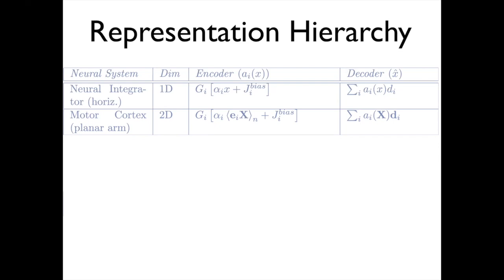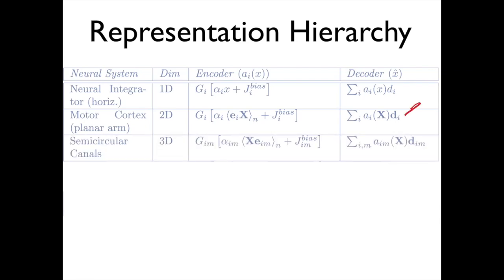They're very well characterized in terms of this 2D representation, where they have preferred movement directions captured by these two-dimensional encoders. And we can represent those quite nicely by picking those encoders randomly from a unit circle, and then decoding and getting an estimate of the output.